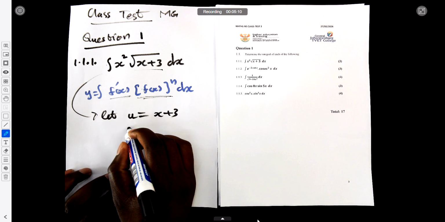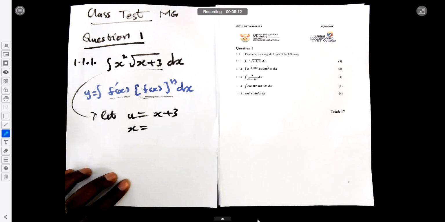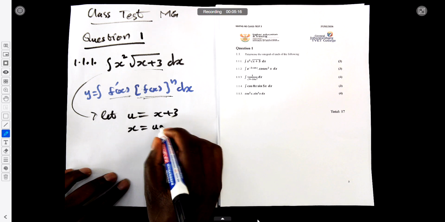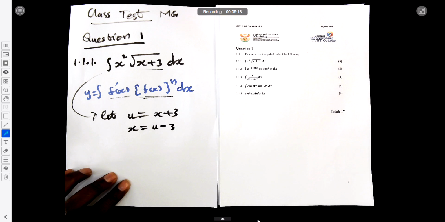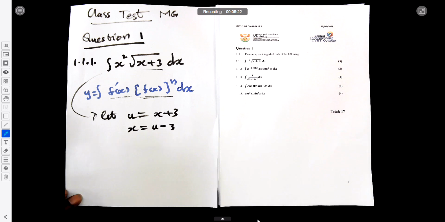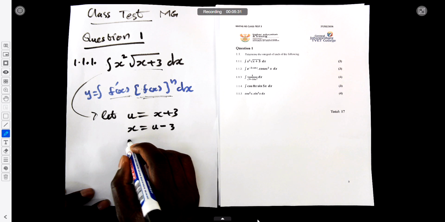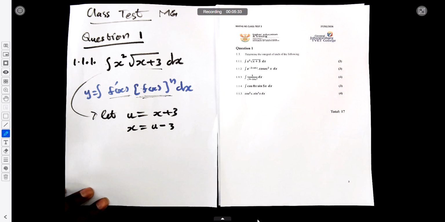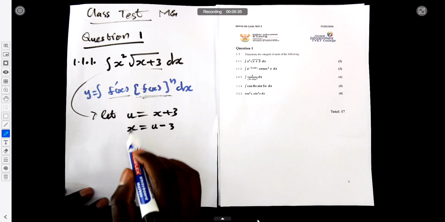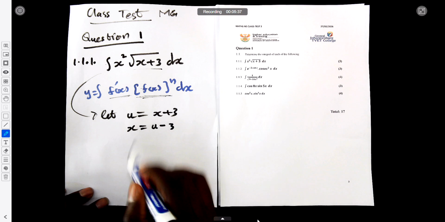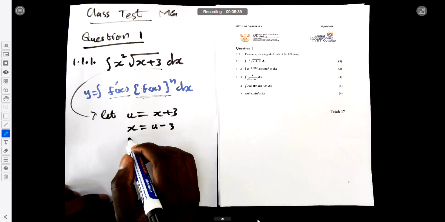So solving for x, take 3 to the other side, and x will be equal to u minus 3. From there, we can now derivate the function in terms of x. The derivative of this one, it doesn't matter which one you derivate, we still get the derivative.